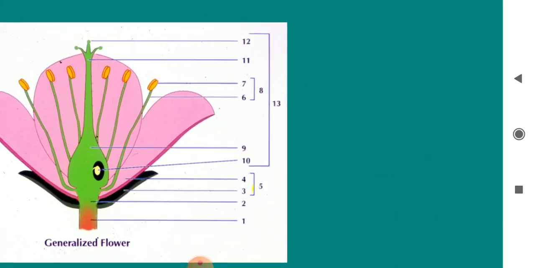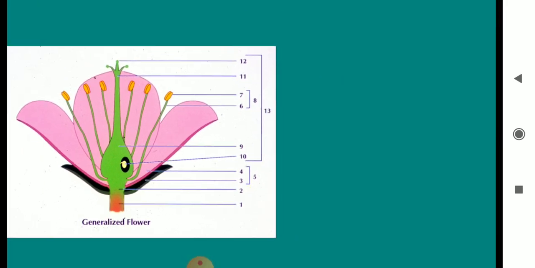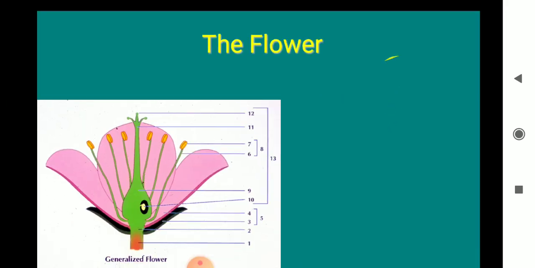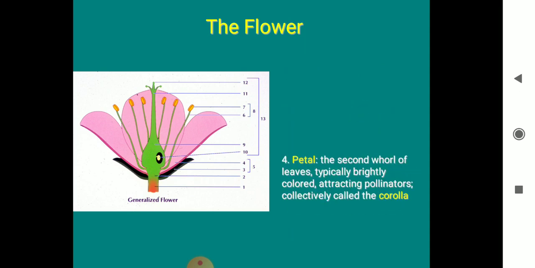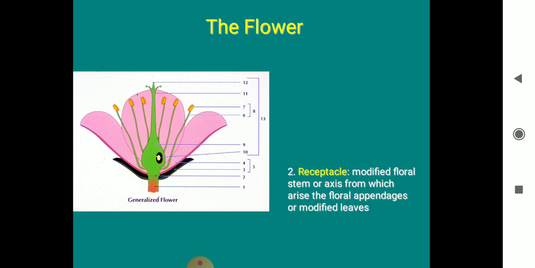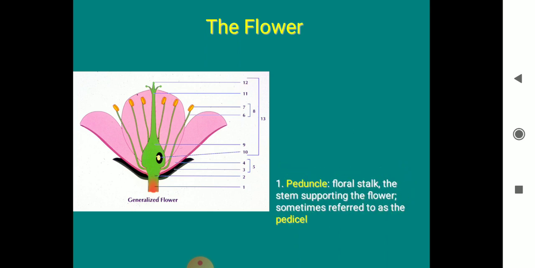If you look at this flower, this is the generalized structure of the flower. First and foremost, the flower consists of mainly four organs: calyx, corolla, androecium, and gynoecium.